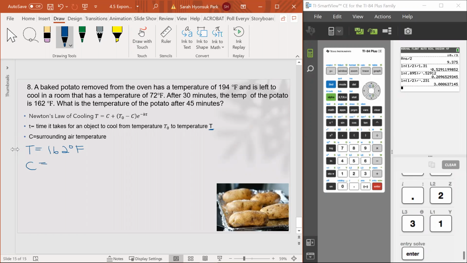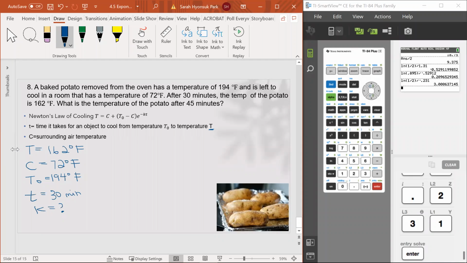C, the surrounding temperature, is 72 degrees Fahrenheit. The initial temperature of the potato when we first took it out is 194 degrees Fahrenheit. And the time it took the potato to cool from 194 to 162 was 30 minutes. And we don't know k, so that's what we're trying to find.